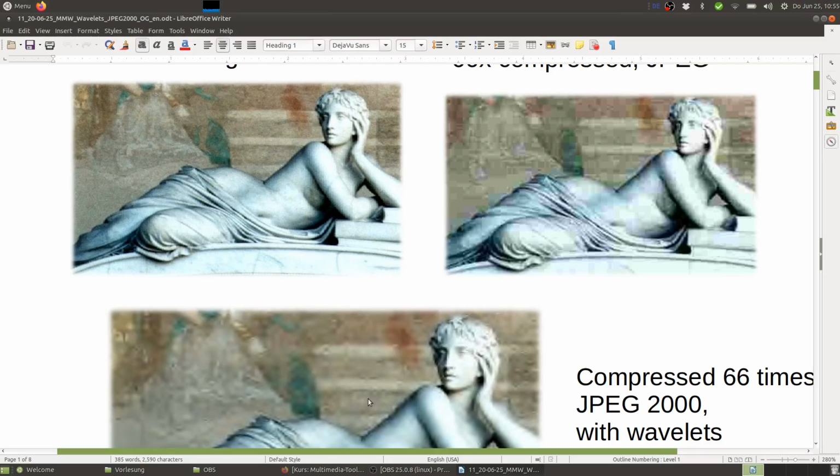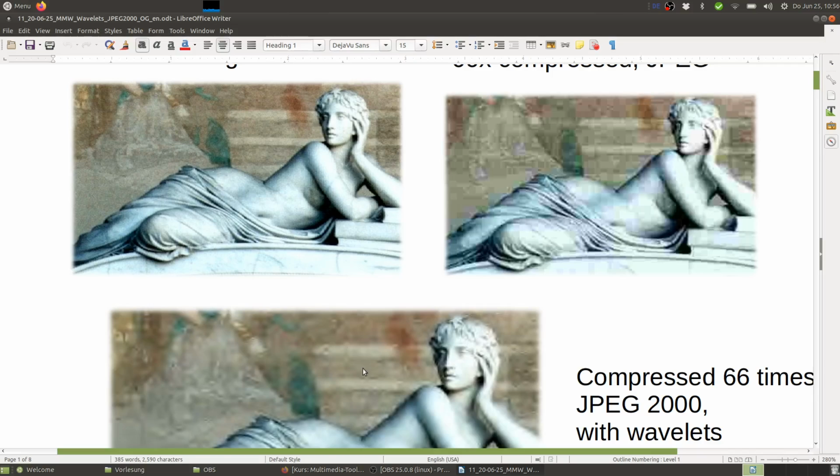So now the artifacts are appearing more blurry, and you could argue that this looks more natural than those artificial edges that appear in the background here. Right here, those artificial edges which are not really there. Here it's more blurry, so it's somewhat more natural looking.